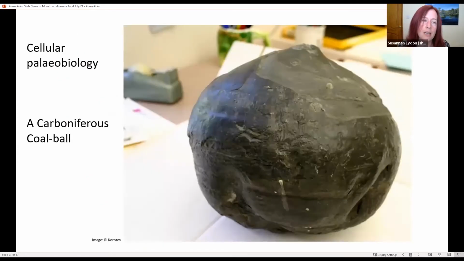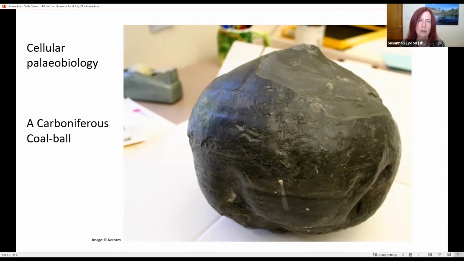I've already talked a little about this, but I want to unpack it a little bit more. So we are really lucky that for plants, because of the way that their cells are stuck together, and that they have these sturdy plant cell walls, and also just we are lucky with modes of preservation. What that means is actually we have cell biology through the past as well. So this is a different type.